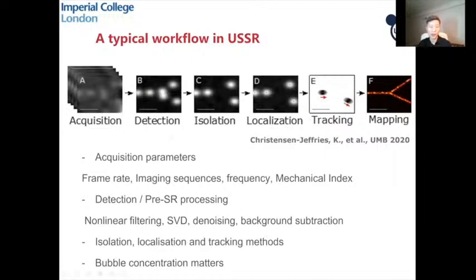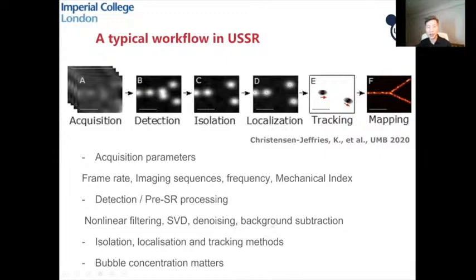Other parameters in this detection stage include the pre-super resolution processing. You can have nonlinear filtering to remove the background tissue and make the agent stand out. SVD can also do similar things in terms of removing the background tissue, although it has some inherent problems. And there's denoising, because sometimes the image can be quite noisy, especially at high frequency, when the bubble signals are quite weak.